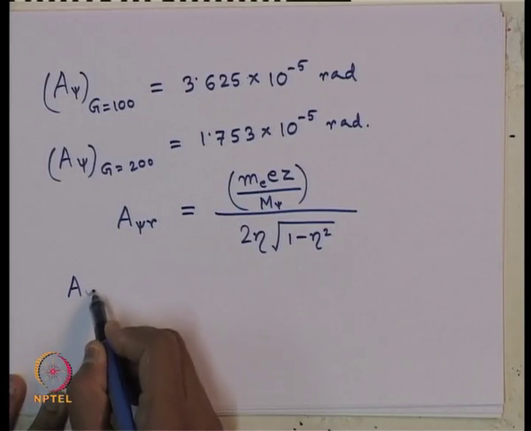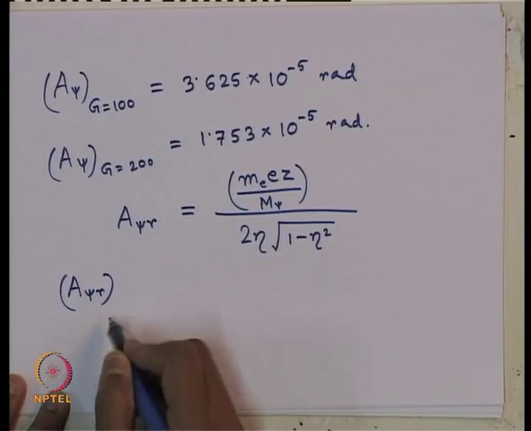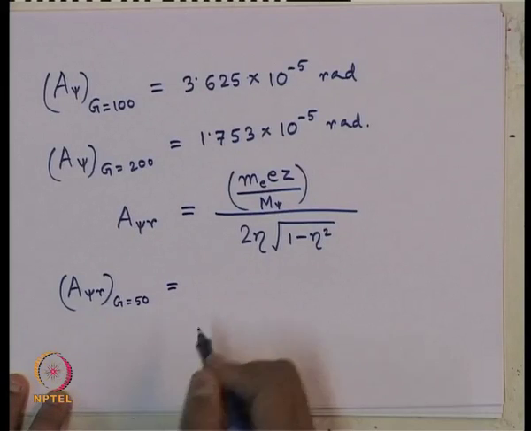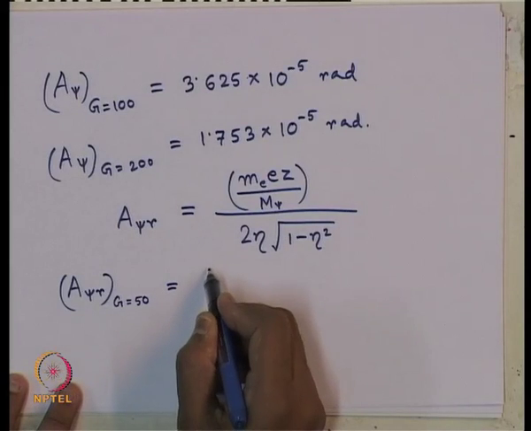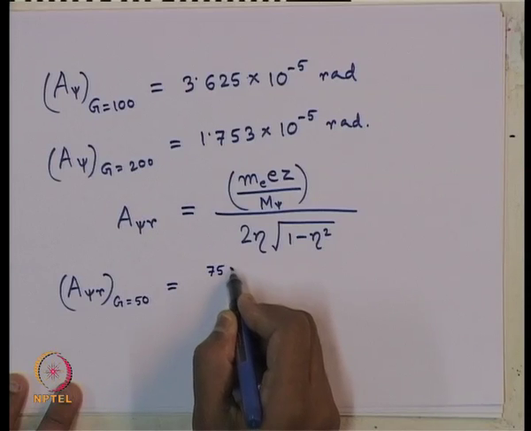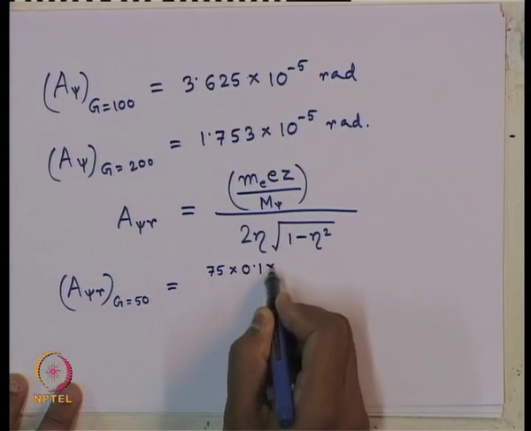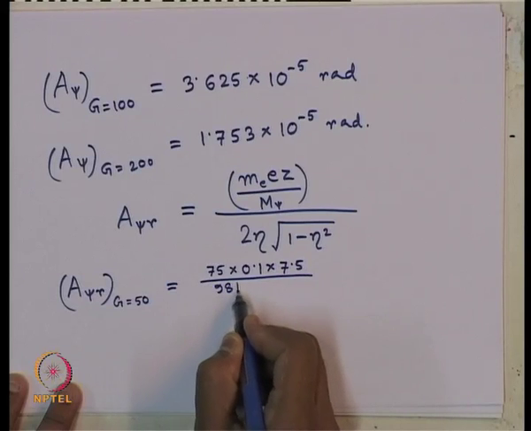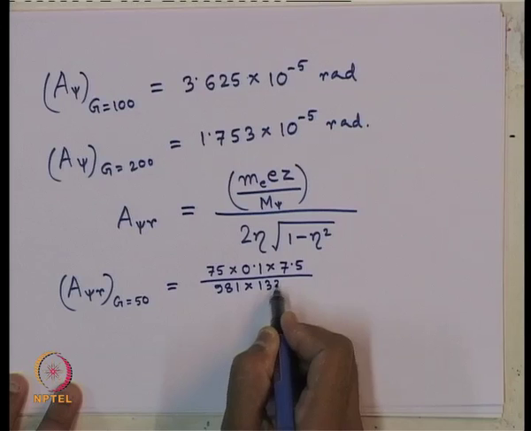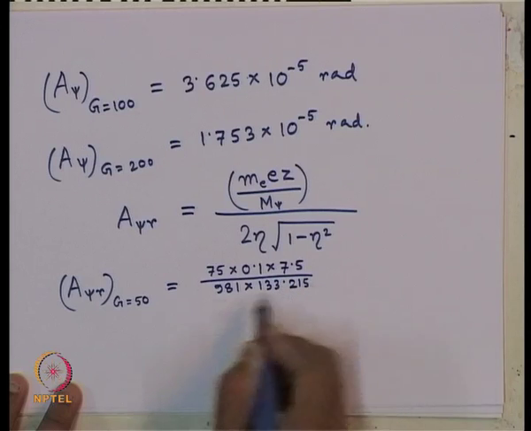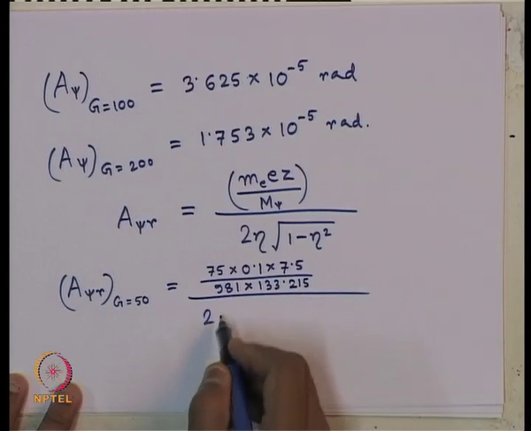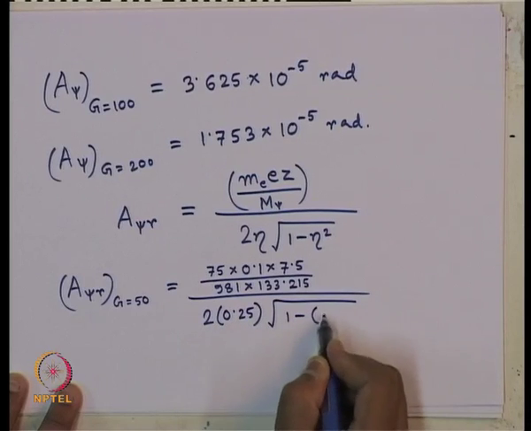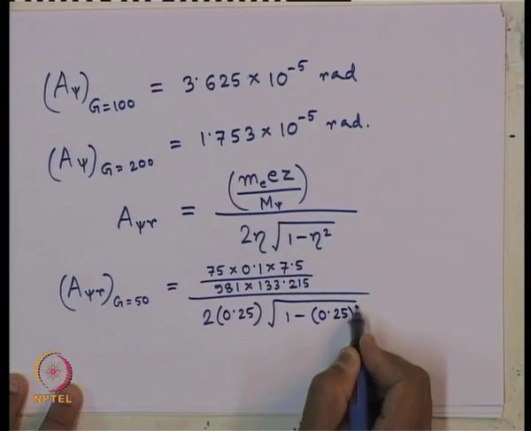So, A psi r for g equals to 50 will be 75 into 0.1 into 7.5 by 981 into 133.215 divided by 2 into 0.25 root over 1 minus 0.25 square.